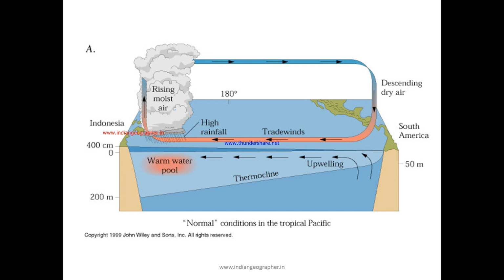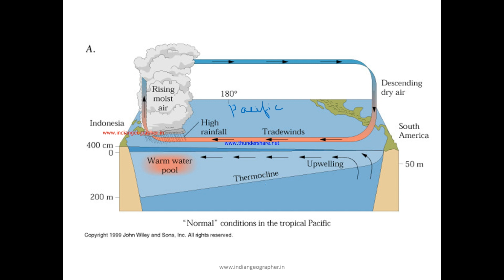So this is another picture that shows you the same thing. Here it is South America, and this is the Pacific Ocean. There is pushing of water towards the west. Clouds form. There is heavy rainfall here. So there are all these typhoons and cyclones happening in these areas, right?